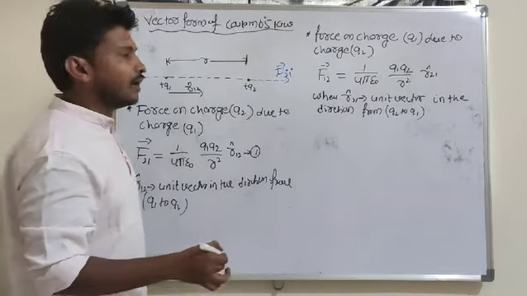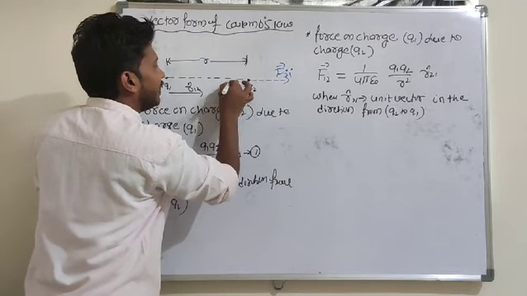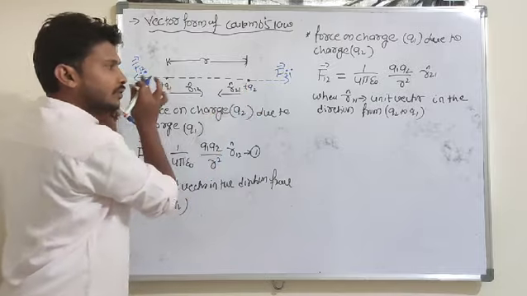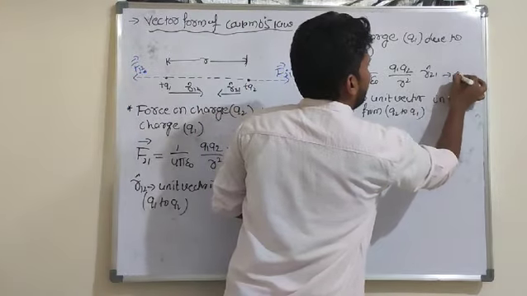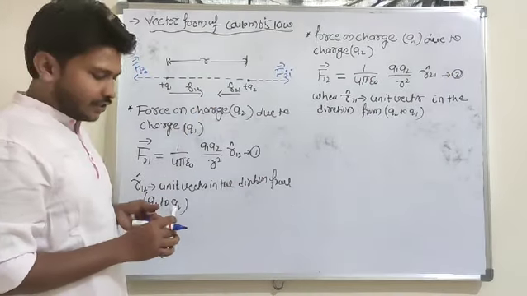What is the direction of r cap of 21 here? It is in the direction from charge q2 to charge q1 here. So now I have got the force on charge q1 as well as the force on charge q2 here.